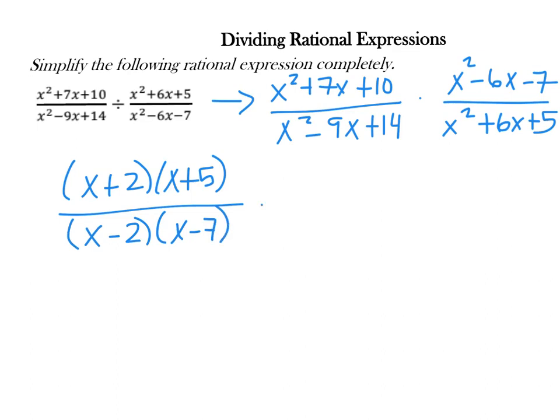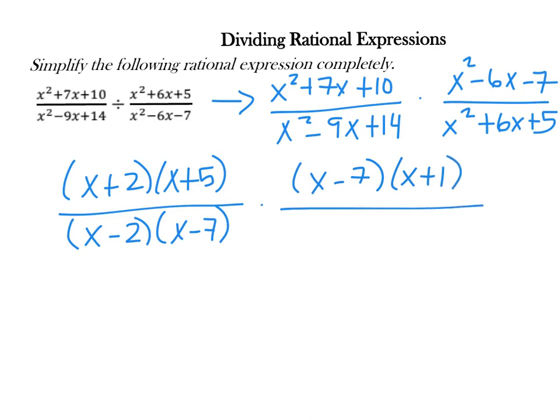On the other fraction, I find the factors of 7. 1 times 7 gives me 7, and to get a negative 6, I need to make that one a negative as well. So in the numerator, I have x minus 7 times x plus 1.